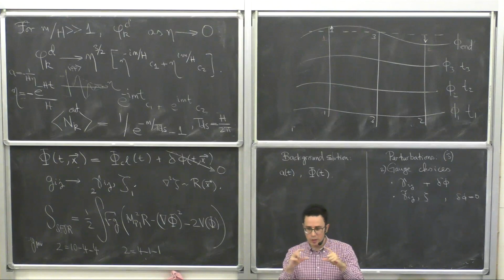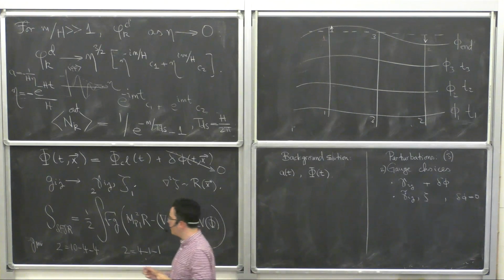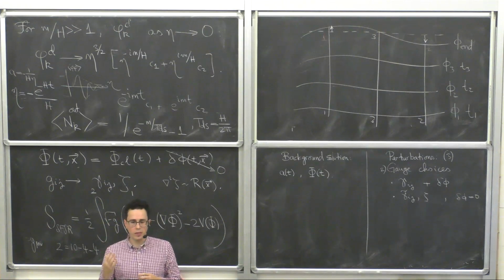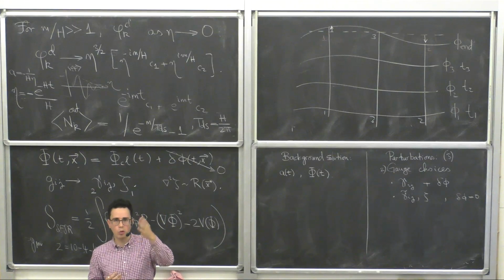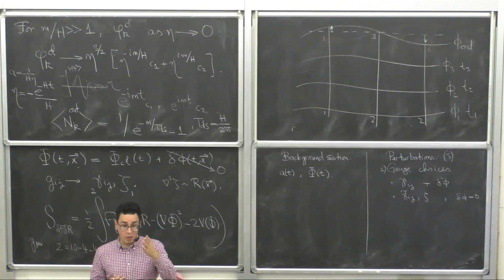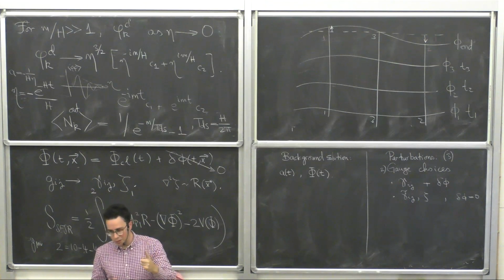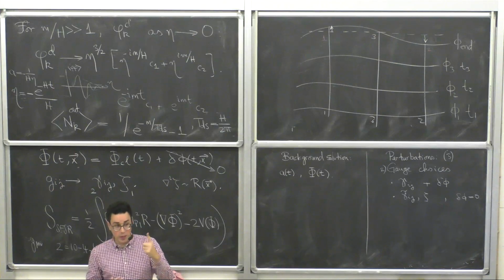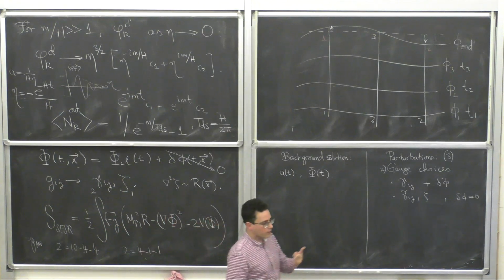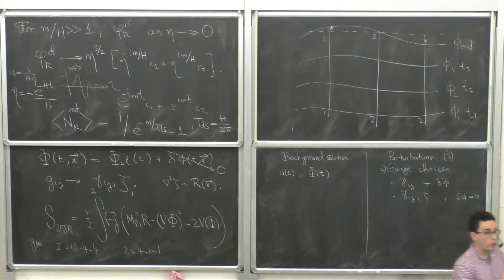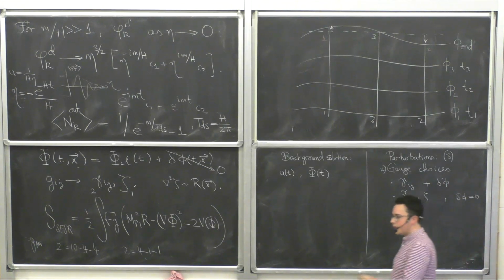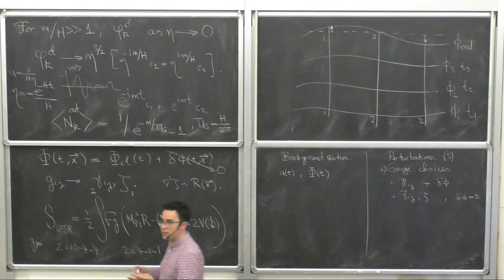So when you compute, remember I told you that the 2-point function is controlled by the Hubble scale, because the classical solution goes like H, but I canonically quantized. I put a 1 in front of the action. So if you canonically quantize, then the perturbations are always order H, but now if there's a number in front of the action, the 2-point function will depend on the value of this number, right? You just do the field redefinition and you see.